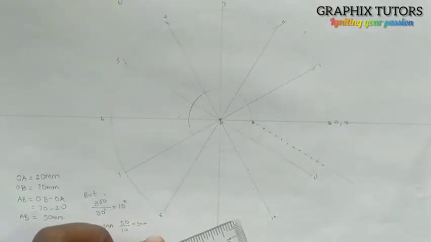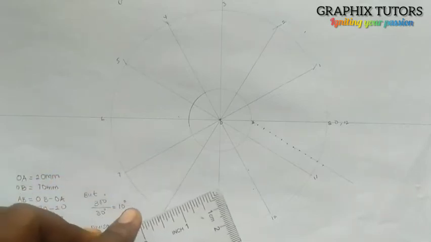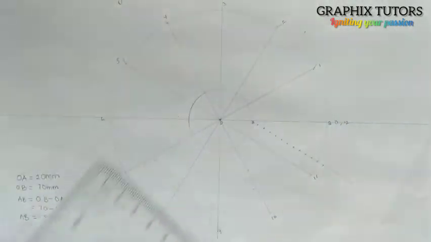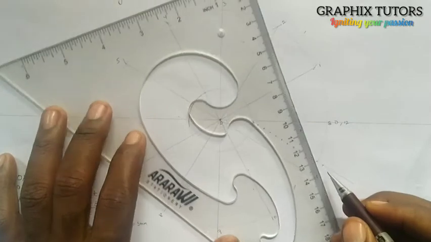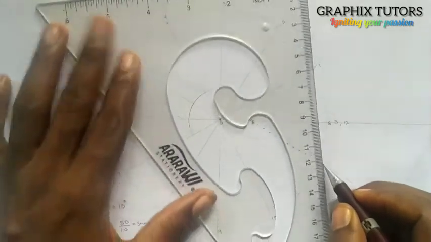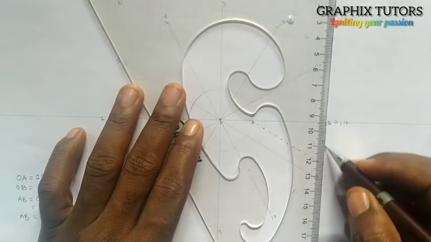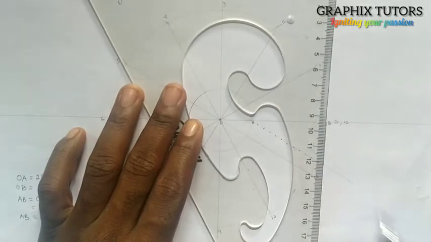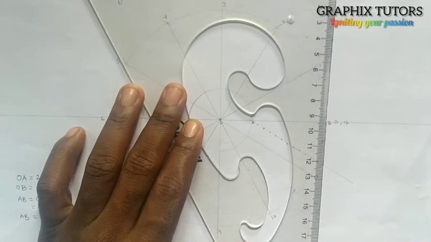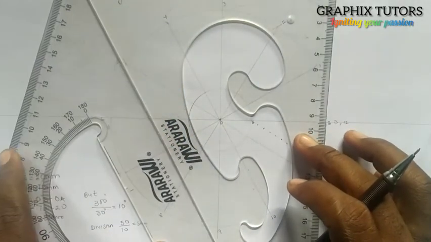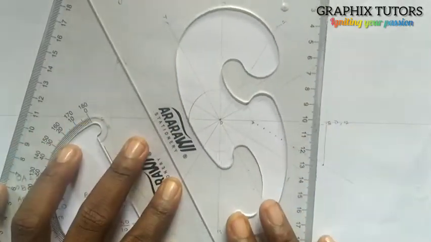Now with this skill of line division, into ratio and proportion, you're going to divide this. So what you do, you're going to channel this point to the last point here. So this to this, right? You take the other guy here, which is this, and you can place it at the side here, so that to make this one move freely.